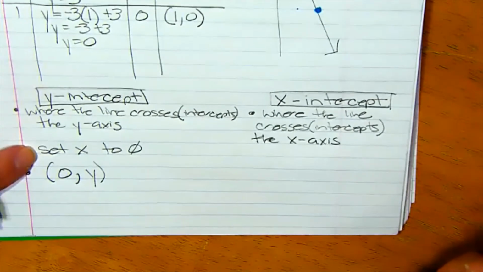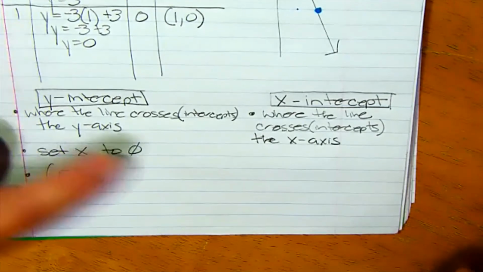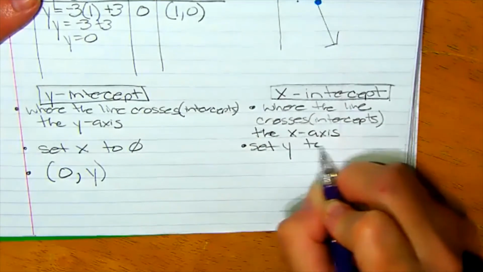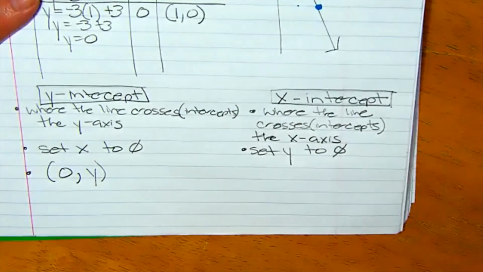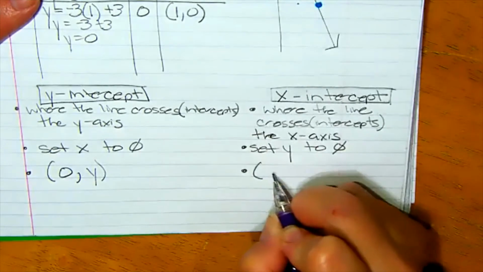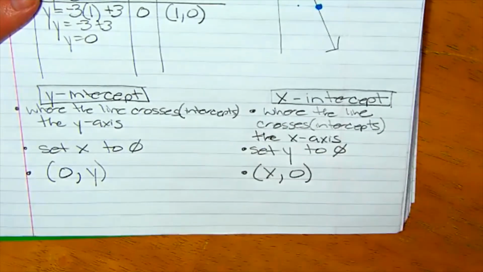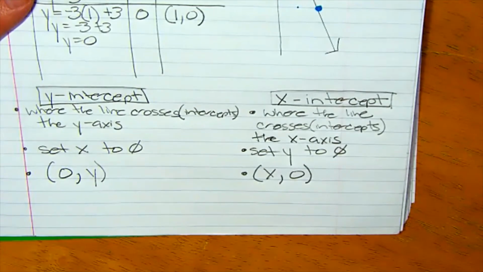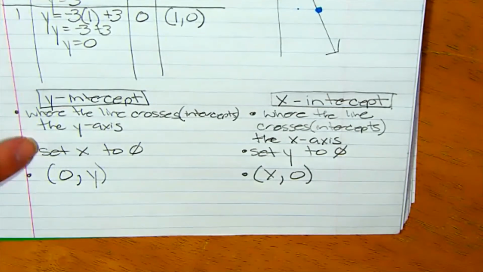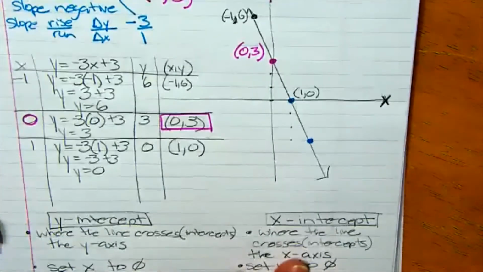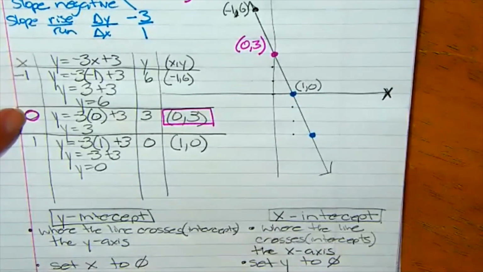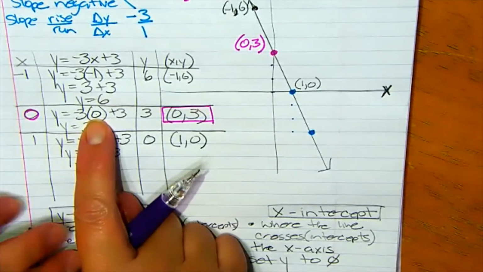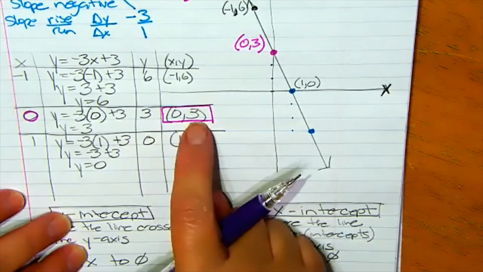So in the y-intercept, if we set the x to 0, for the x-intercept, we are going to set y to 0. And it will give us an ordered pair, x, 0. So we already did this. Here, we set x to 0, and we substituted that for x, and it gave us the ordered pair 0, 3.